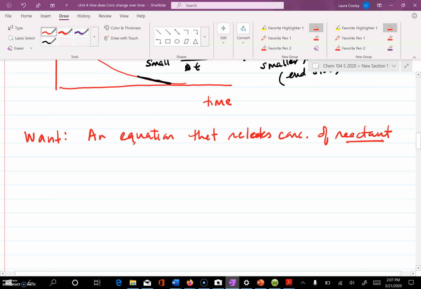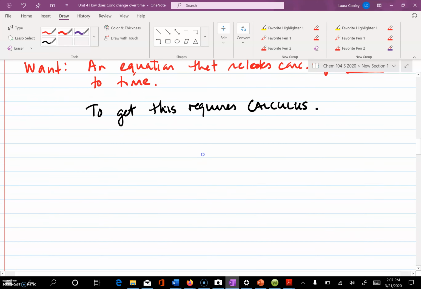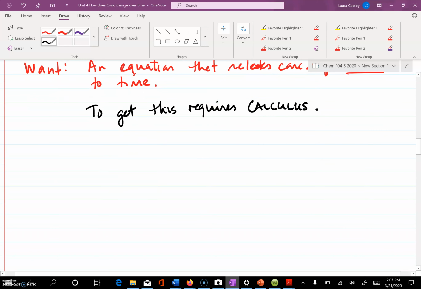So we want an equation that relates concentration of reactant to time. But in order to get this, we need to use calculus. I know that some of you have had calculus or maybe are taking calculus now, but I want to tell you what calculus was invented for.